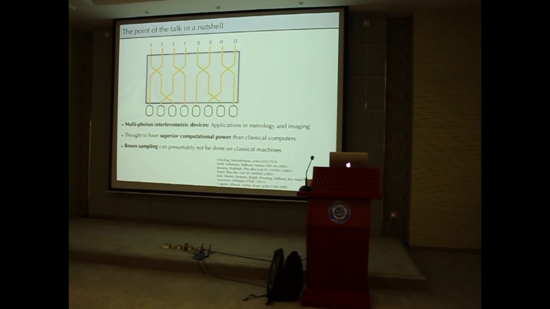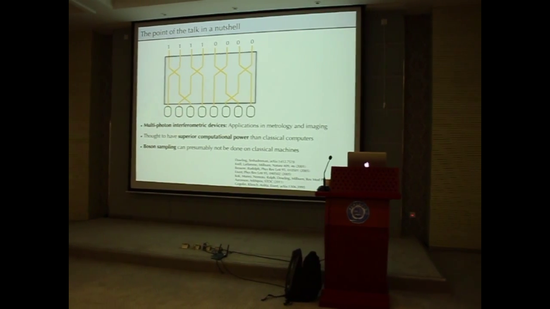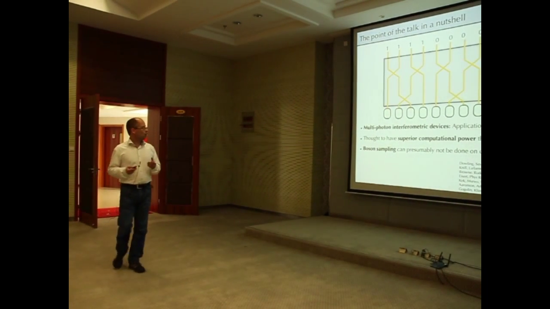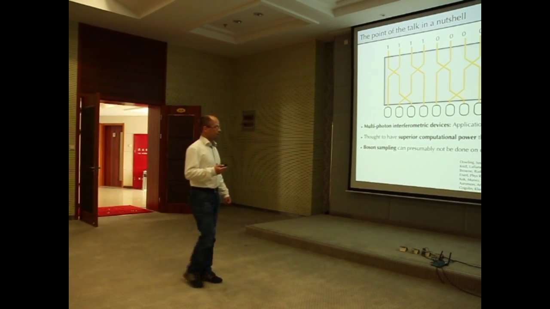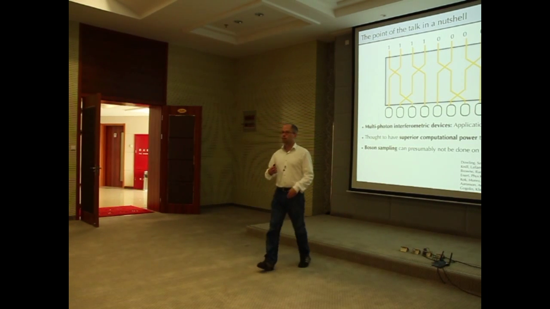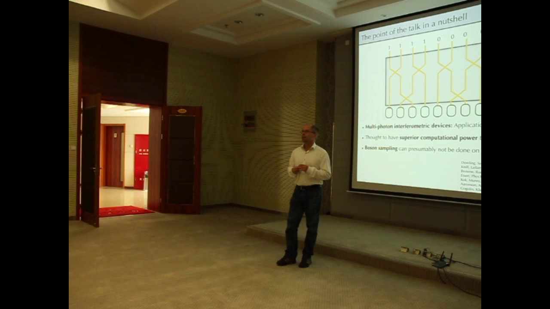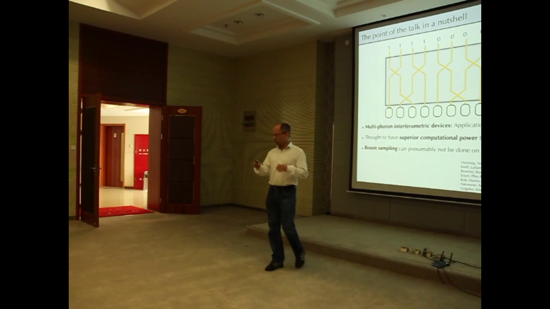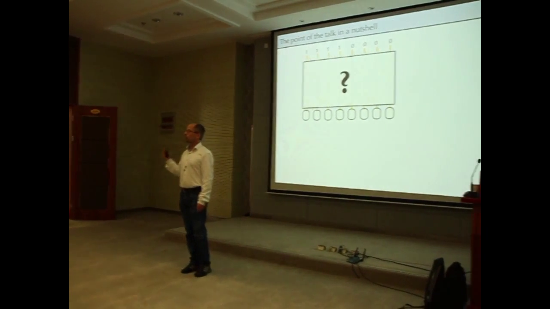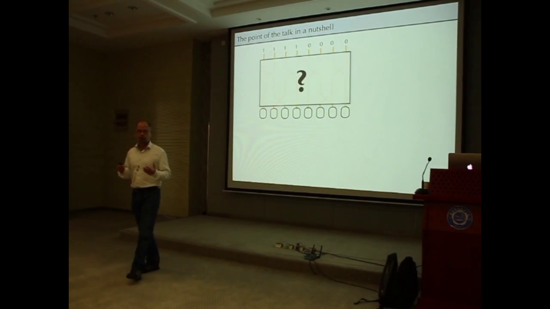So as we have seen many times already, and will hear many times later, I guess tomorrow, boson sampling, as it's called, can presumably not be done on classical machines. So far so good. So the question in the focus of this talk will be, right, we go into the lab, we have done this, and we ask, is the thing that we've been doing actually the right thing?